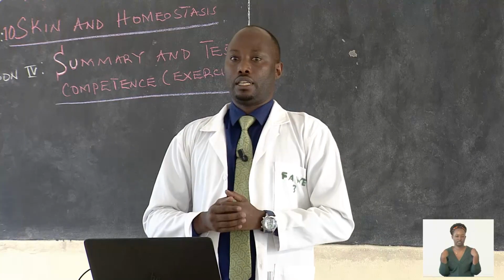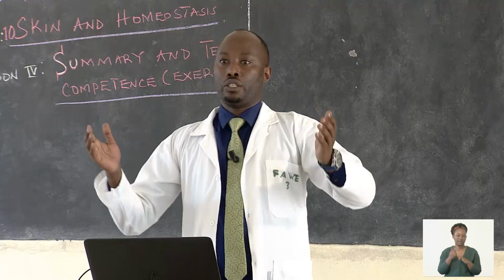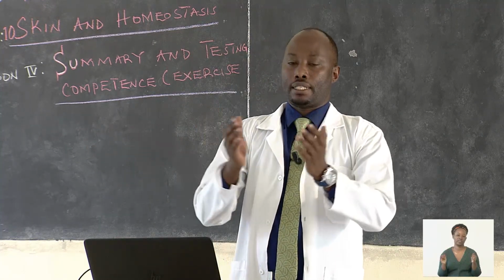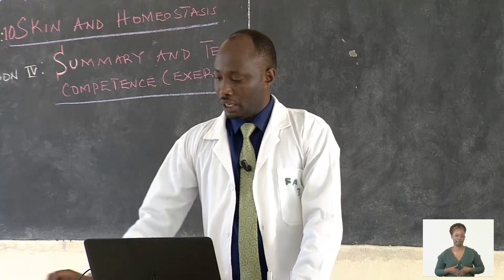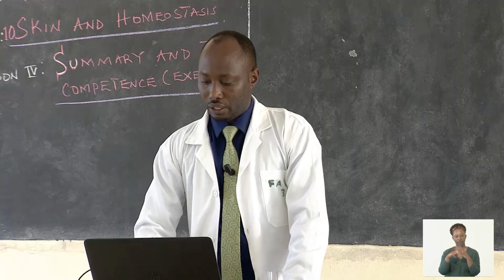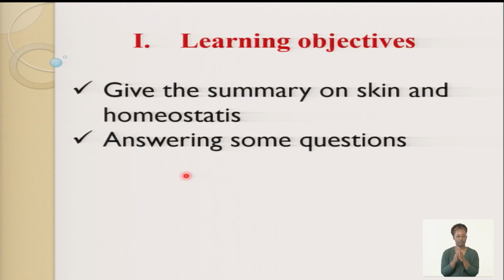So I think everybody has to remind ourselves how the body tries to balance the temperature in the body. Let's start our lesson, and focus on the learning objective of the lesson. The learning objective of the lesson is giving the summary on skin and homeostasis.